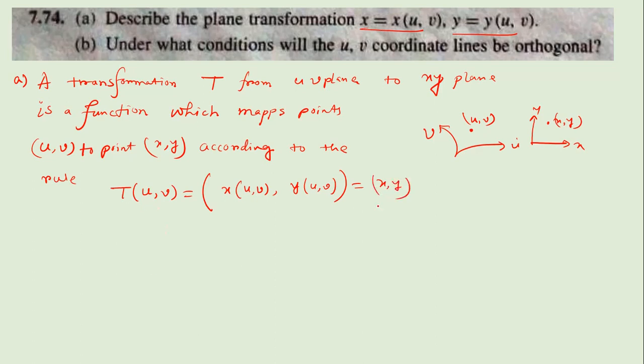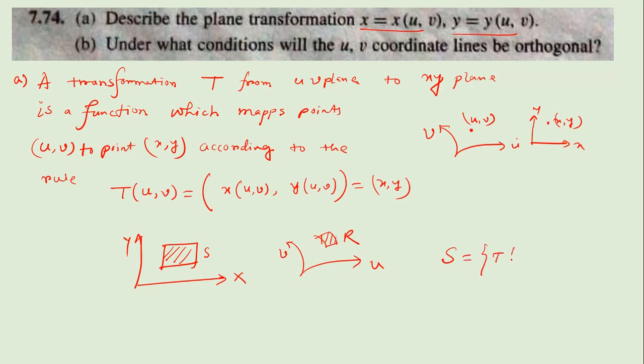Suppose in the xy plane there is an area denoted by S, and in the uv plane there is another area, R, and these two regions are related such that S is the transformation of uv where uv belongs to region R. Clear? These are the planes, and this is the transformation, right?